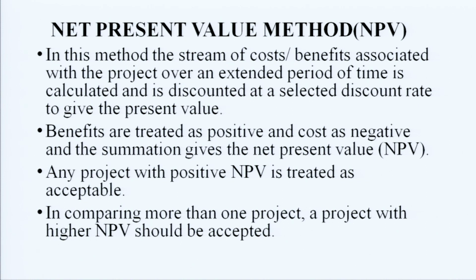The benefits are treated as positive and the costs as negative, and the summation gives the net present value, NPV. Any project with a positive NPV is treated as acceptable. In comparing more than one project, a project with a higher NPV should be accepted.